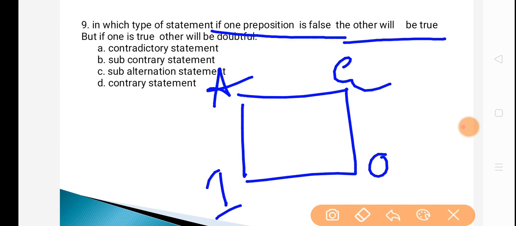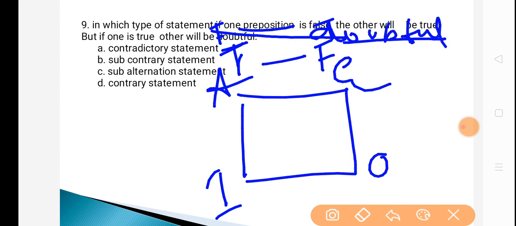Here you can check the contrary relation: if one is true, the other will be false. If one is false, the other will be doubtful here. So from this itself, we can see that it's the opposite of the contrary statement.